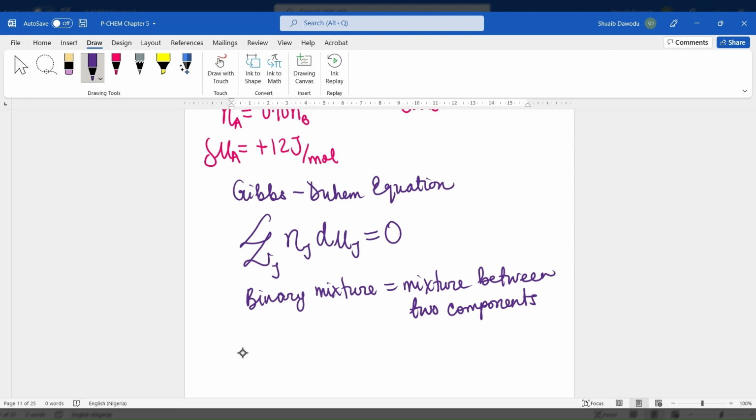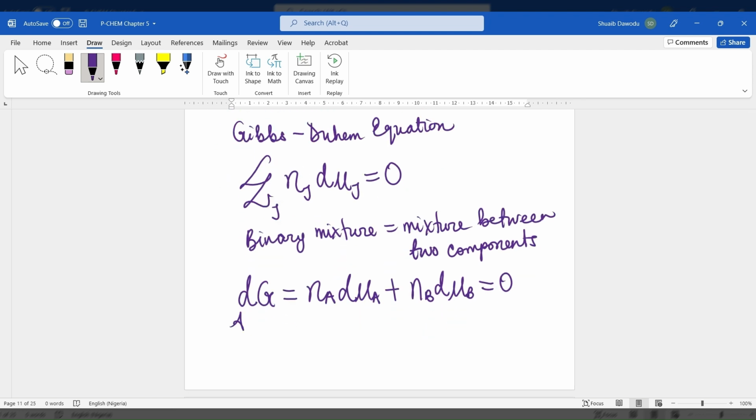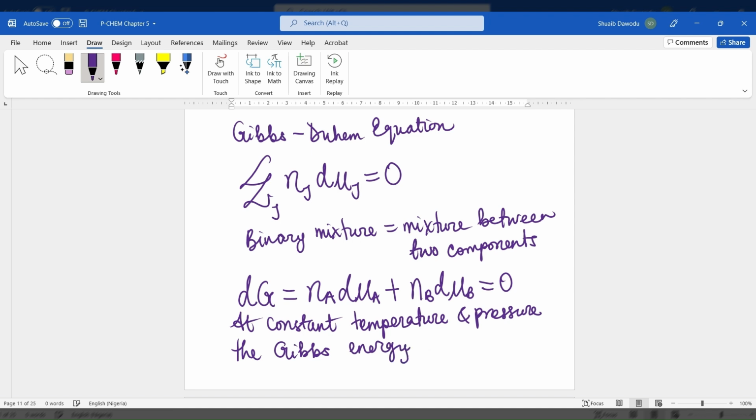What this equation is saying is that dG, where G means Gibbs energy, is equal to the number of moles of A multiplied by the change in chemical potential of A plus the number of moles of B multiplied by the change in chemical potential of B equals 0, because at constant temperature and pressure the change in Gibbs energy is 0.